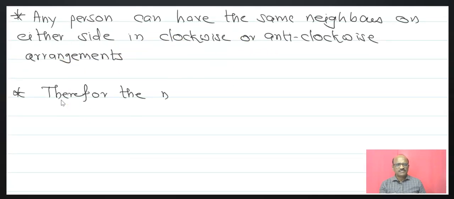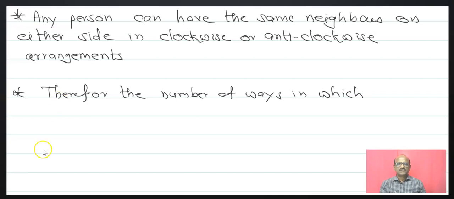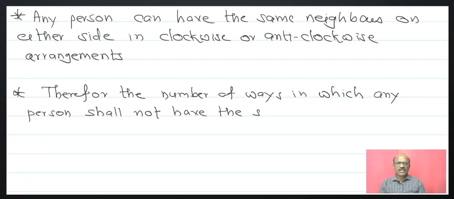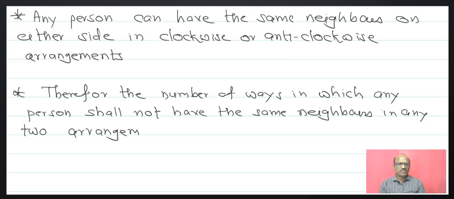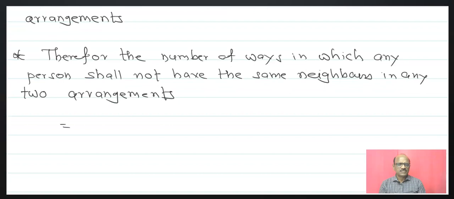Therefore, the number of ways in which any person shall not have the same neighbors in any two arrangements is equal to n minus 1 factorial upon 2 factorial.